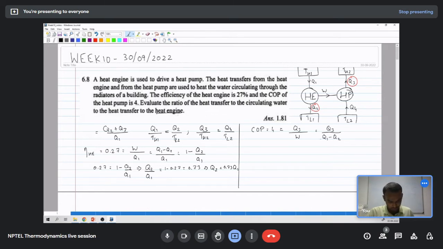Writing that in the COP equation, 4 is equal to Q3 divided by Q1 minus 0.73 of Q1.